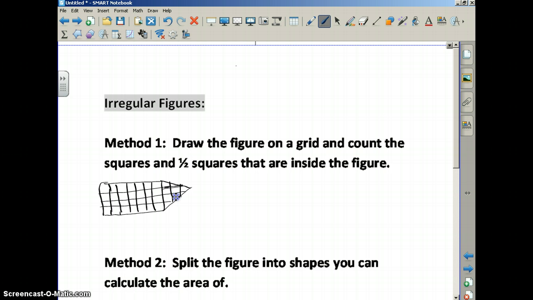There's the other half. So 18, 19, 20, 21, 22, 23, 24, 25, 26, 27, 28, 29, 30, 31, 32, 33. So maybe 34, 35.